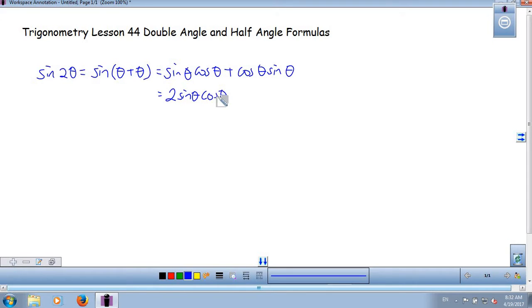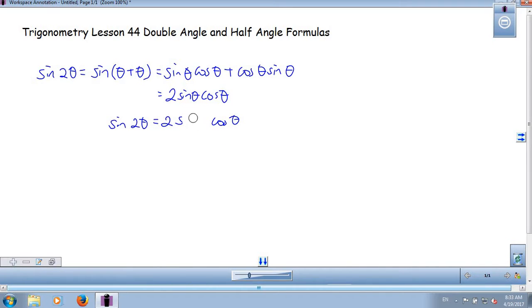Now, why do we want to relate this? When we have a double angle, or even more than just a double angle, we can break it down to simpler expressions. So this is the formula: sine of 2 theta equals 2 times sine theta cosine theta.